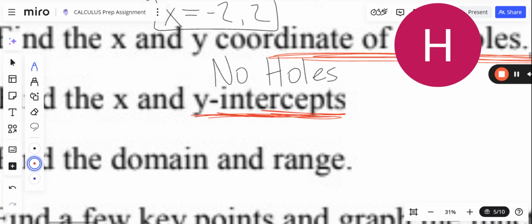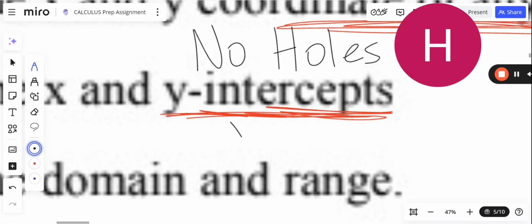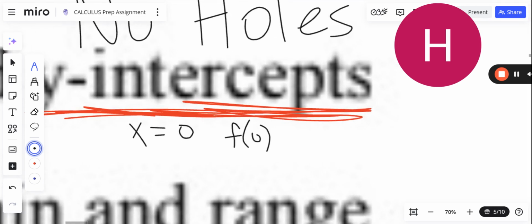The easiest thing to do for a Y-intercept, as we've discussed in an earlier part of this calc prep assignment, I believe it was part 2, you find Y-intercepts by making x equal 0. And that's really easy to do. Go ahead and plug in 0 to the function.